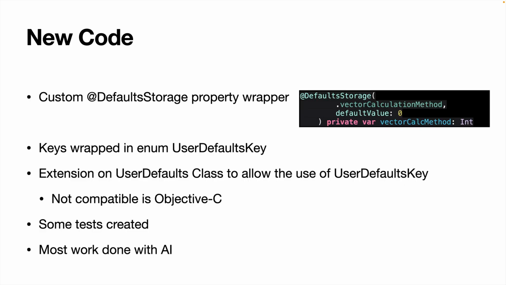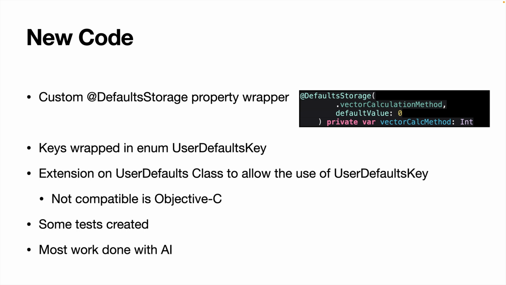So for the SwiftUI, this property wrapper, of course, is for SwiftUI, and it uses all our string values wrapped in enums, user default keys.